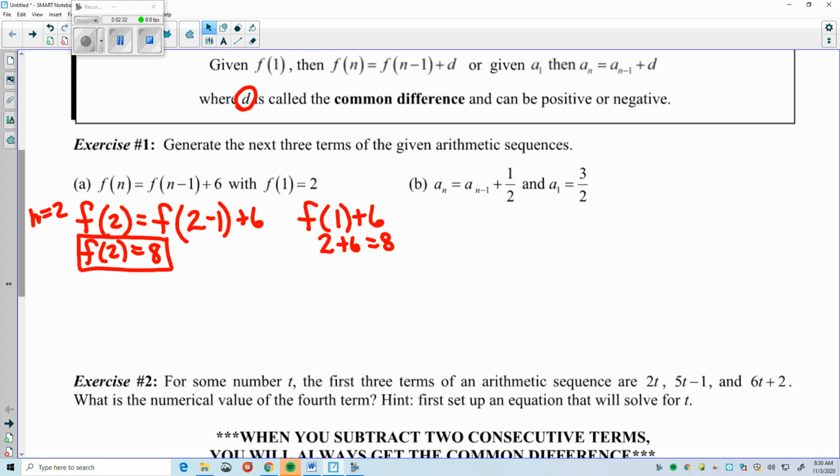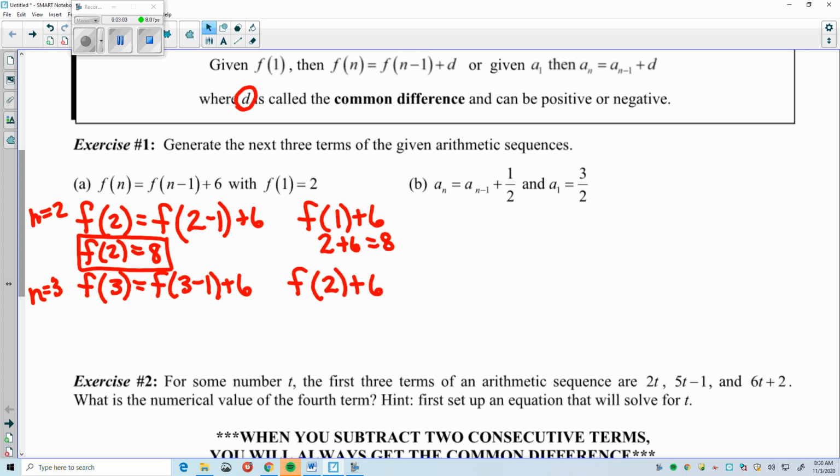Okay, now we need to find the next term. In order to find my next term, I have to increase my n value by 1. Again, we know the first term, we found the second term, and we're finding our third term. So I need to do f of 3 minus 1 plus 6. 3 minus 1 is 2, so that's saying f of 2 plus 6.